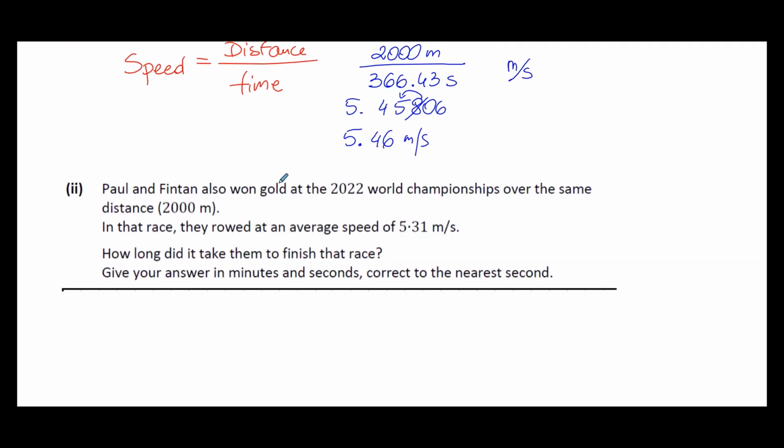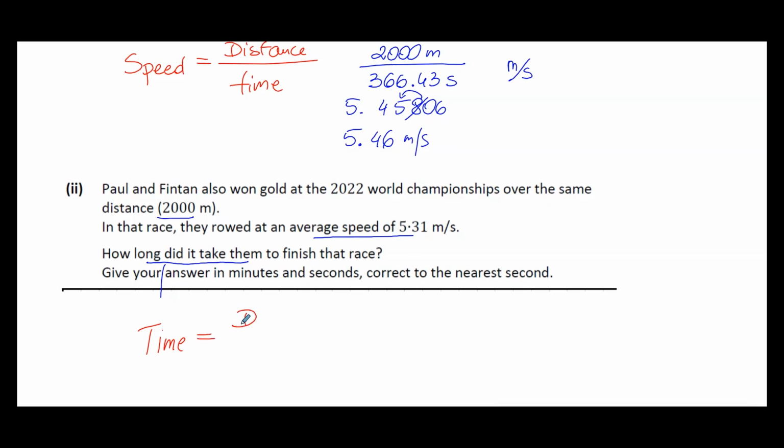Paul and Fintan also won gold at the 2022 World Championship over the same distance, 2,000 meters. In that race, they rode at an average speed of 5.31 meters per second. So therefore, how long did it take them to finish the race? This time we are looking for time.